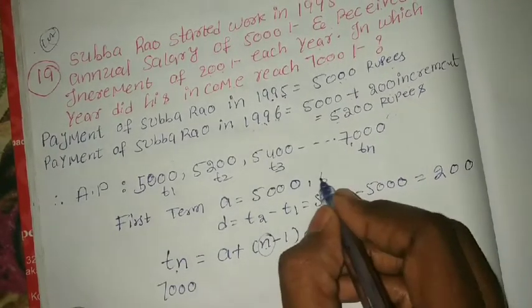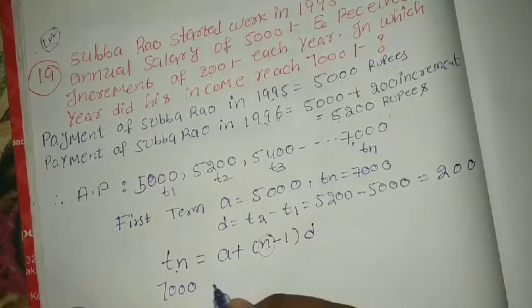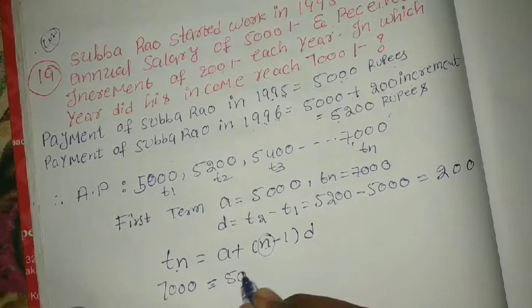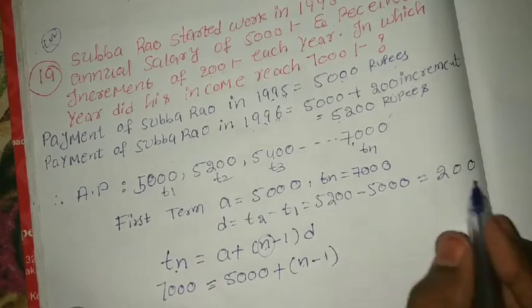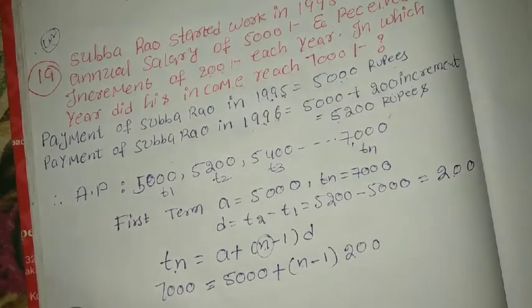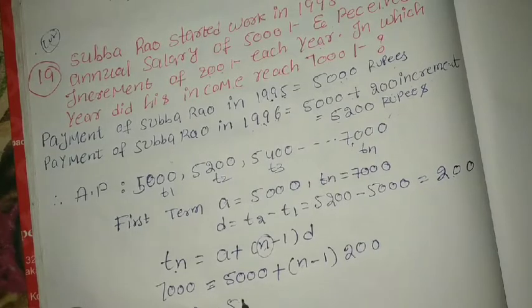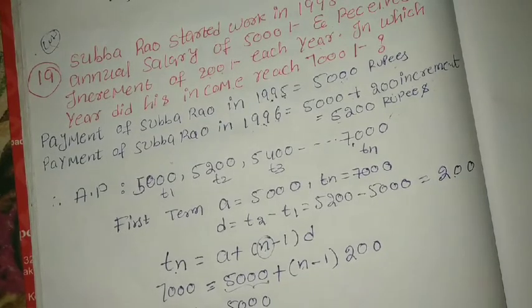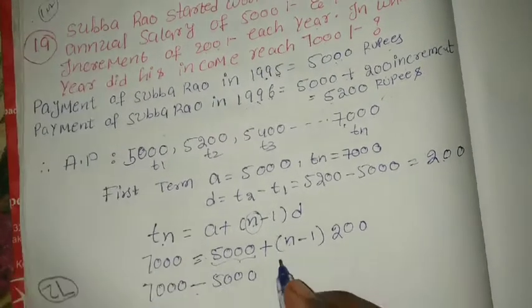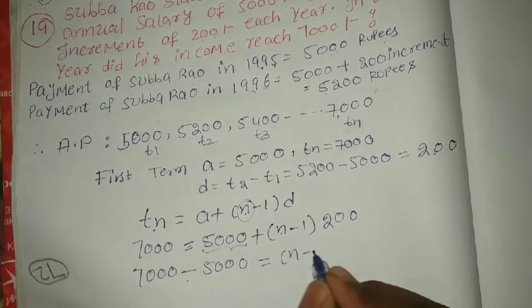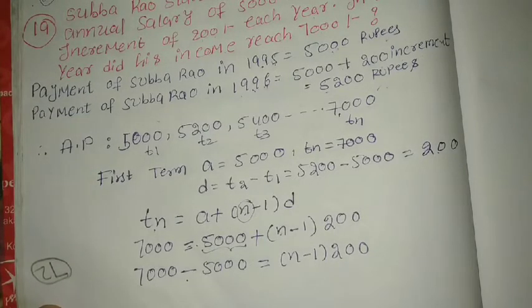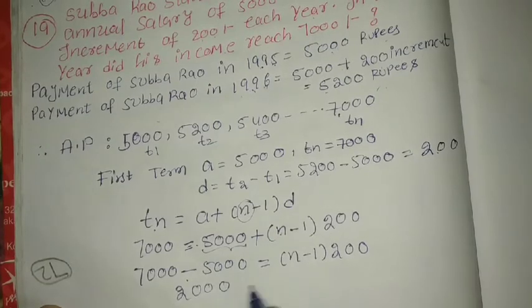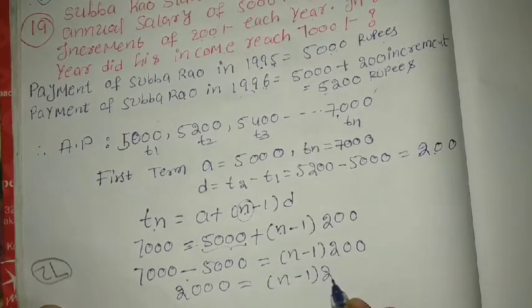You can write here Tn is equal to 7000 is equal to, what is the first term? 5000 plus n minus 1 into d, d is 200. 7000 minus 5000, because we need 5000 on the left side, then plus 5000 will become minus 5000, is equal to n minus 1 into 200. 7000 minus 5000 will become what? 2000. 2000 is equal to n minus 1 into 200.